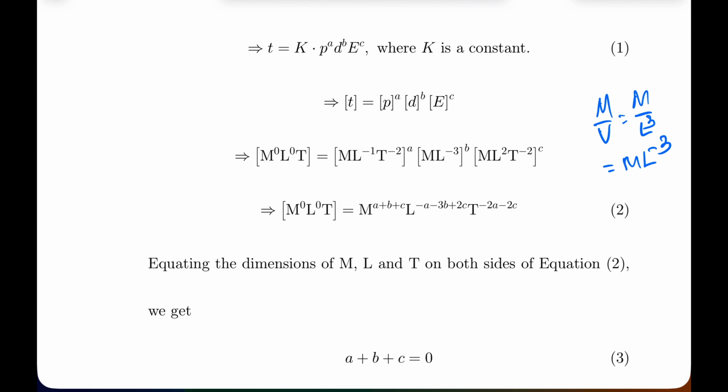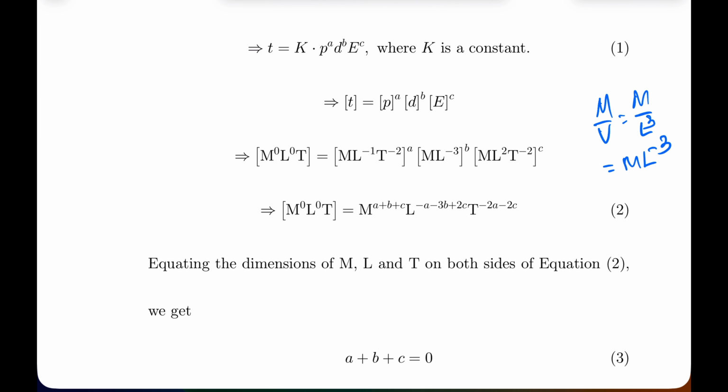This gives you M to the power 0, L to the power 0, T equal to M to the power a plus b plus c, L to the power minus a minus 3b plus 2c, and T to the power minus 2a minus 2c. Now, the equation is correct, so the dimensions of M, L, and T on both sides of the equation must be the same. So we equate the dimensions of mass, length, and time on both sides.